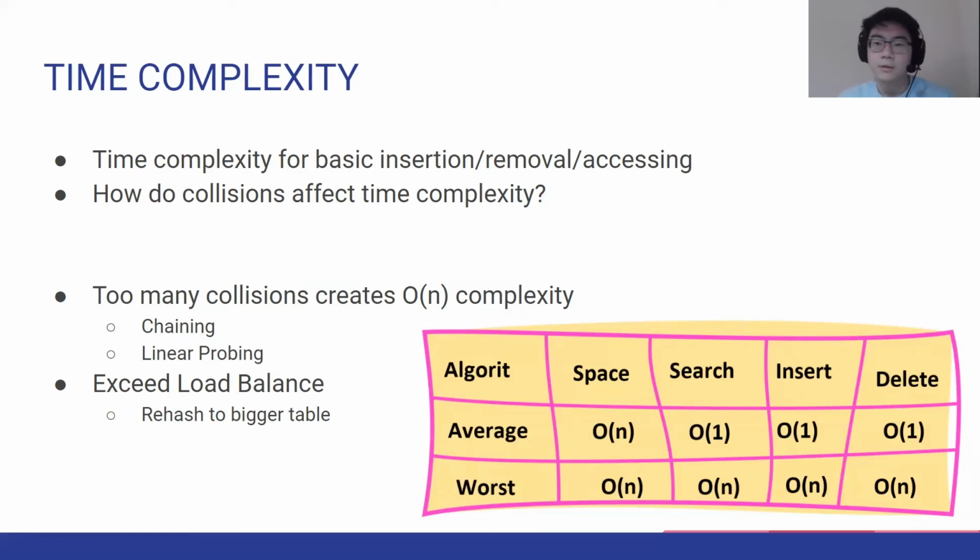For linear probing, collisions affect the insertion, searching, and deleting, because when there are way too many collisions, then when your hash function gives you the index that you need to put the object in, that might already be filled and you'll have to go to the next available space.